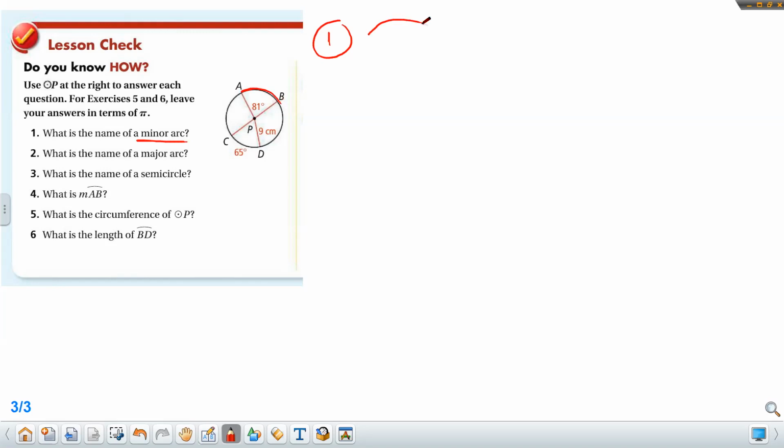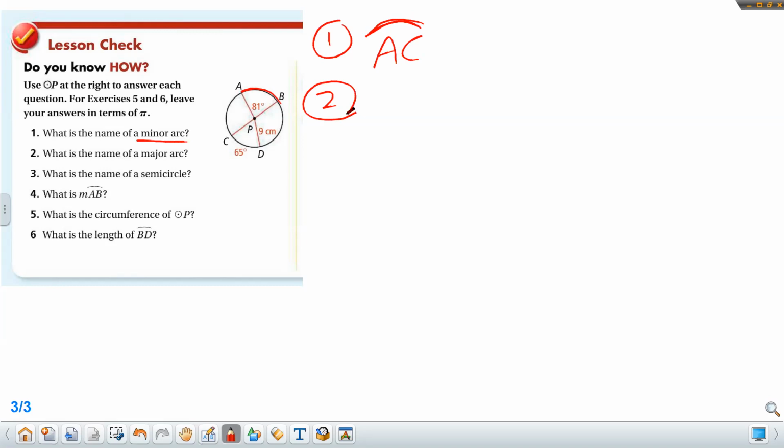For example, I will say arc AC. Don't forget this sign, it's so important. So a minor arc is an arc of measure less than a semicircle.